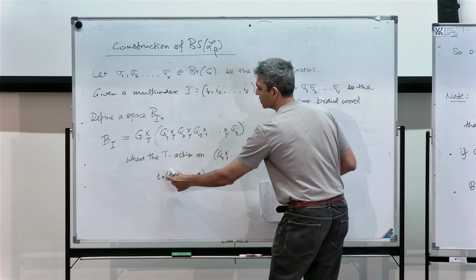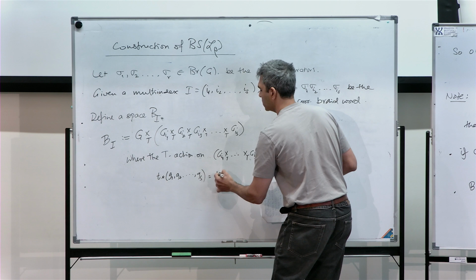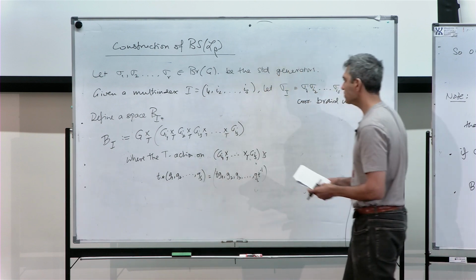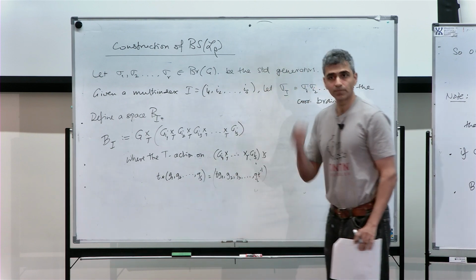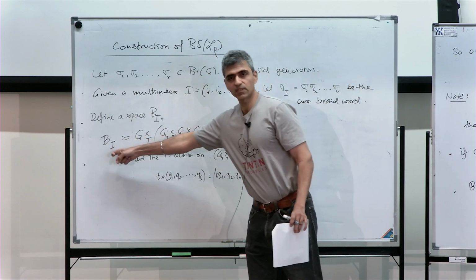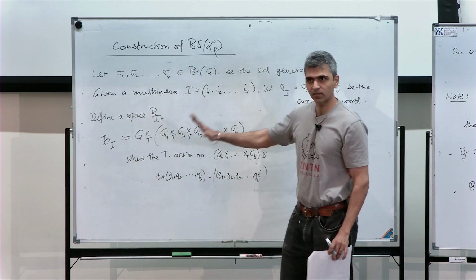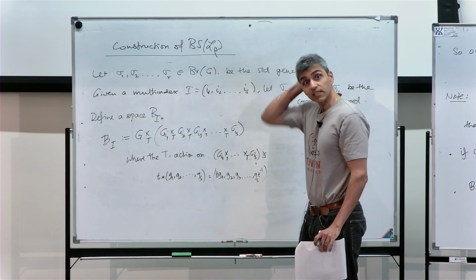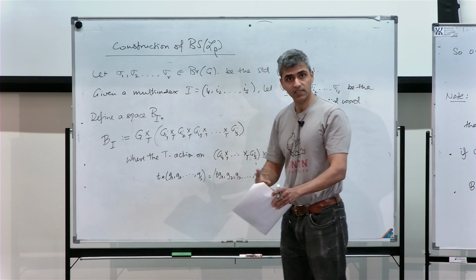It's conjugation on the first and last factor. So it's T G1, and then you just put G2, G3, and the moment you get to the end, you put an inverse. Okay, this is not broken symmetries. This is B sub I. This is my definition of B sub I, and I'm going to use this collection of B sub I to construct my space, which I'm calling B_S, as a filtered space.